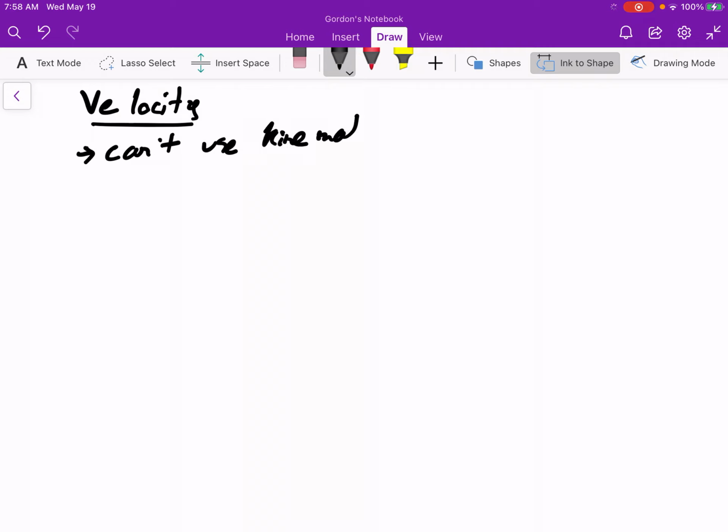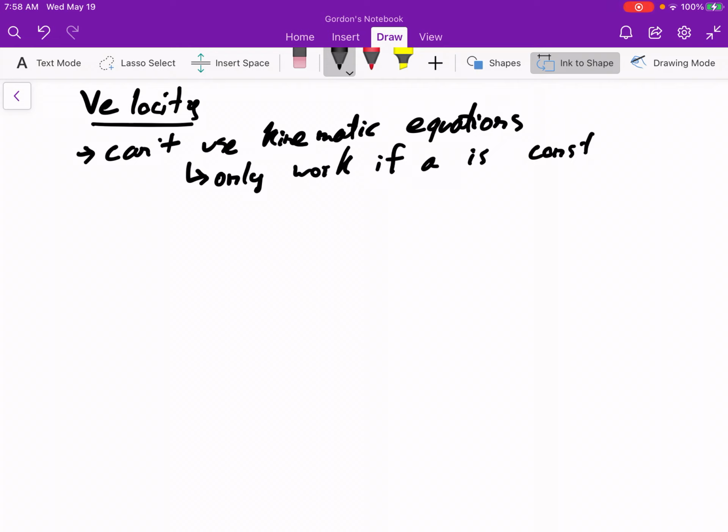The reason that we can't use those is because these only work if the acceleration is constant. But as we just saw in the last video, the acceleration is constantly changing for this object. So when the spring is fully stretched out, the acceleration is the maximum, but then as it crosses through the middle, it goes to zero.